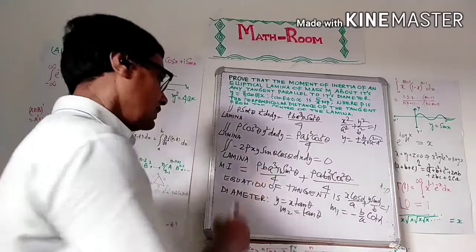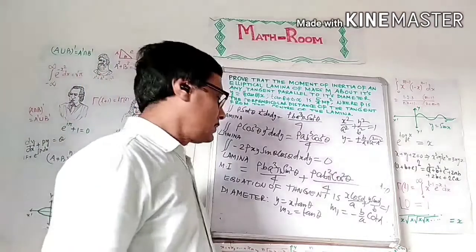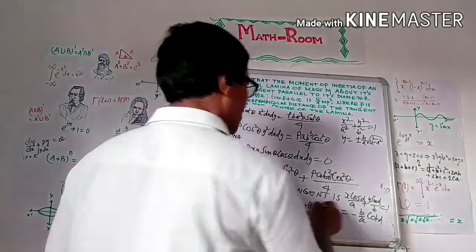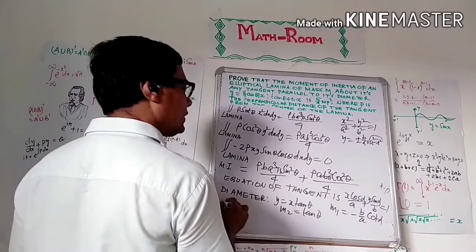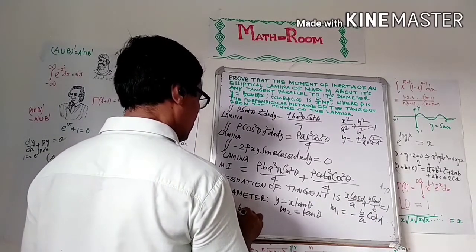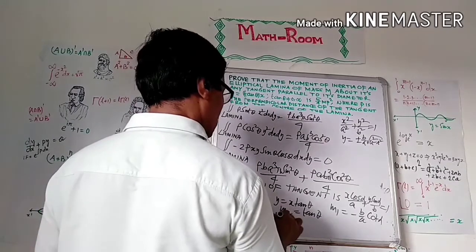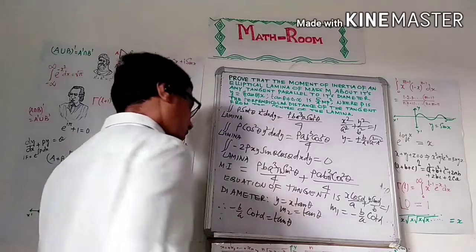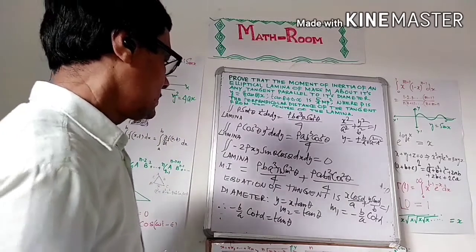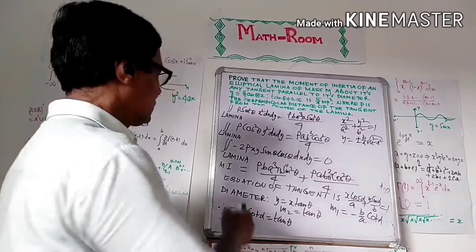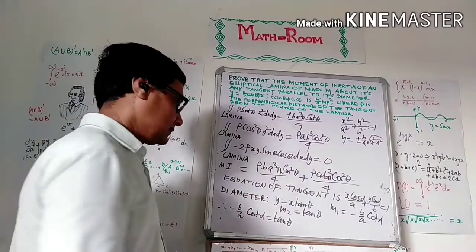As the tangent and diameter are parallel to each other, their gradients are equal. So we can write minus b over a cot alpha equal to tan theta.